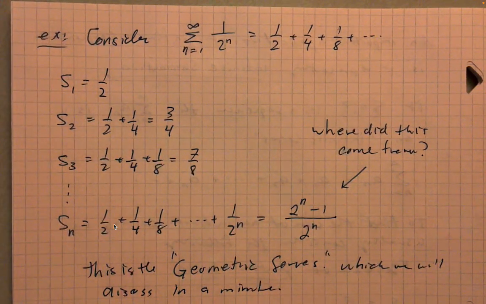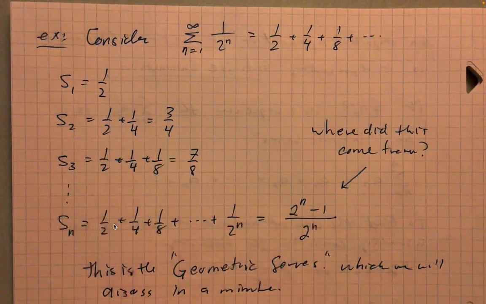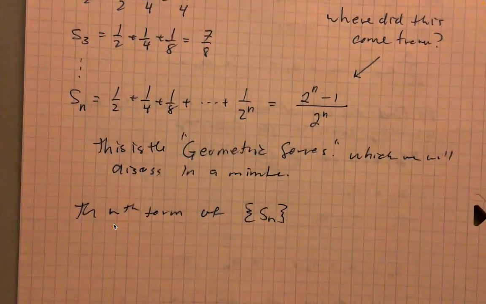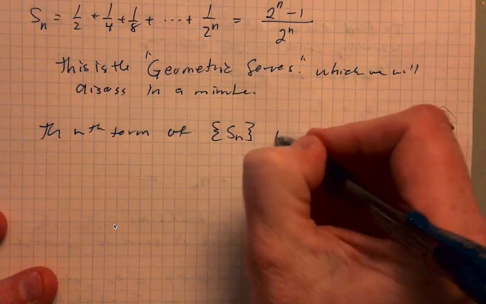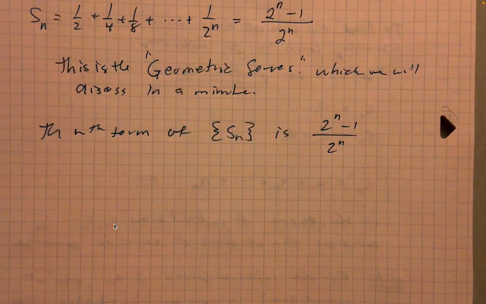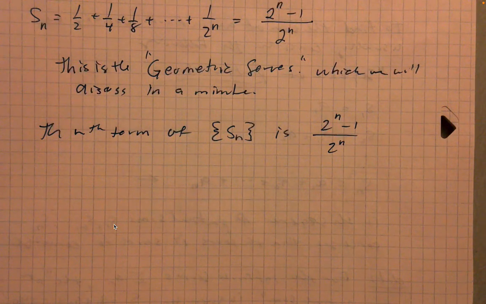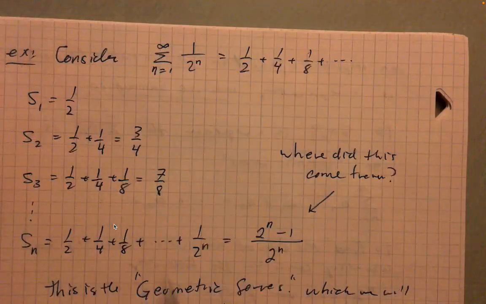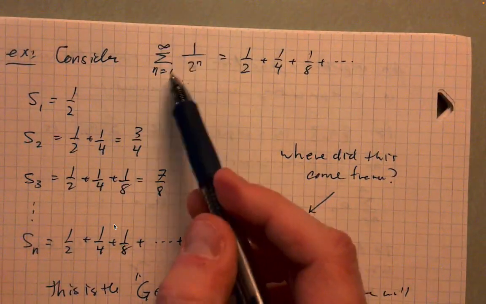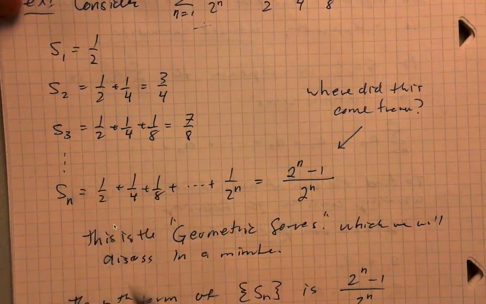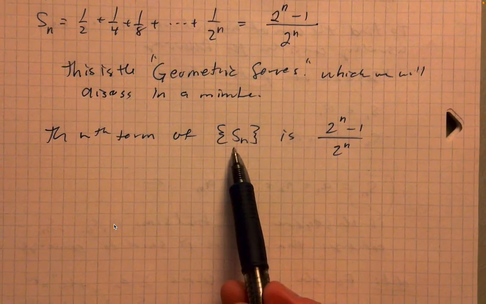But for now, what we can say is that the nth term of the sequence of partial sums is (2 to the n minus 1) over 2 to the n. Now in order to determine whether this series converges, whether it has a finite sum, what we need to figure out is, does this sequence S of n converge?